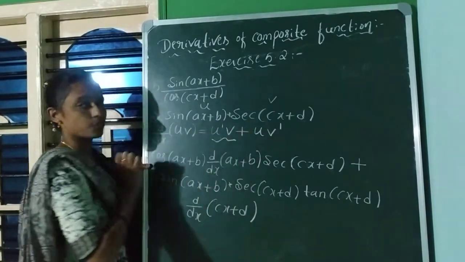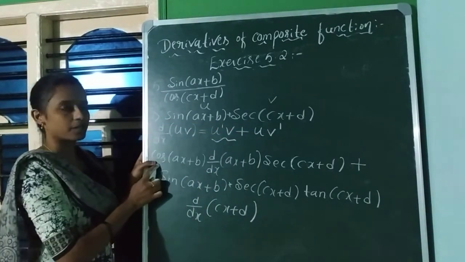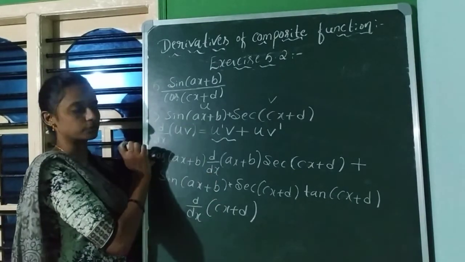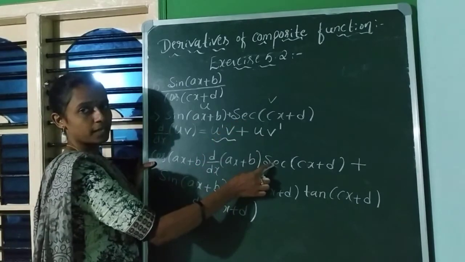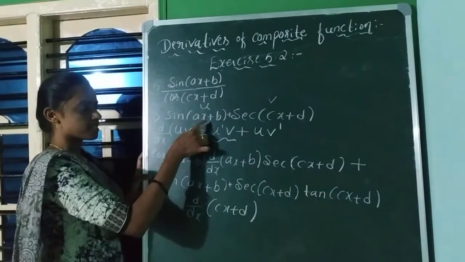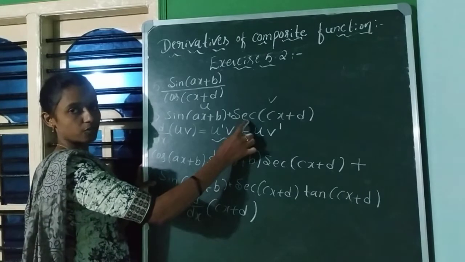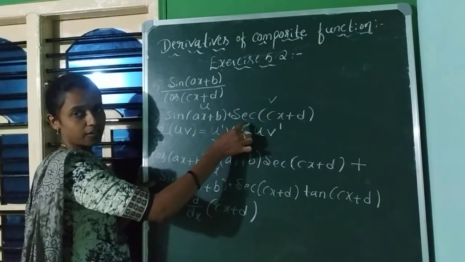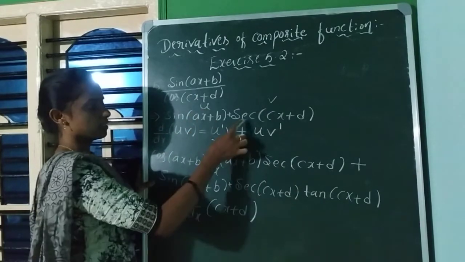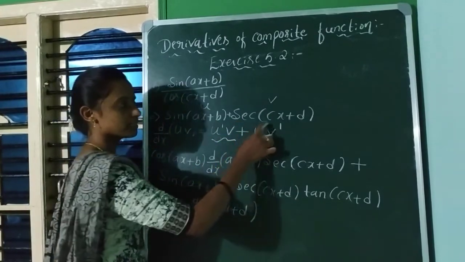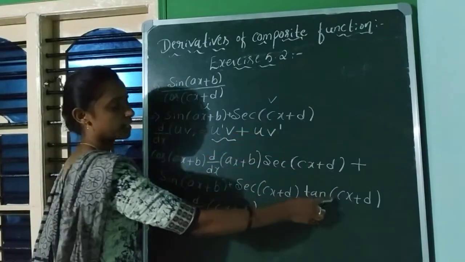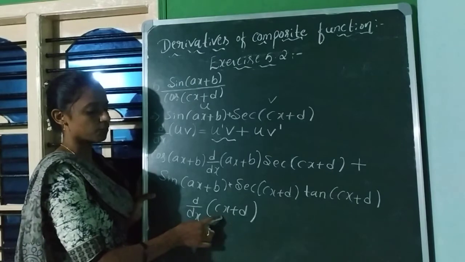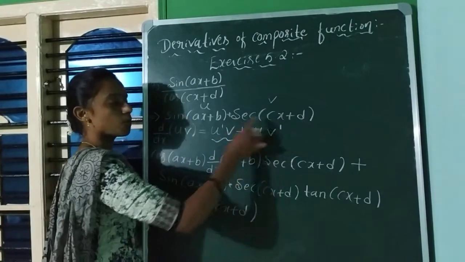This is only one step. I just applied the product rule. Sine gives cos, inner term, times the derivative of the inner term because this is a composite. Write the second term as it is, plus the first term as it is times the derivative of the second. Secant derivative is secant x into tan x, and again apply the derivative of the inner function because this is a composite.